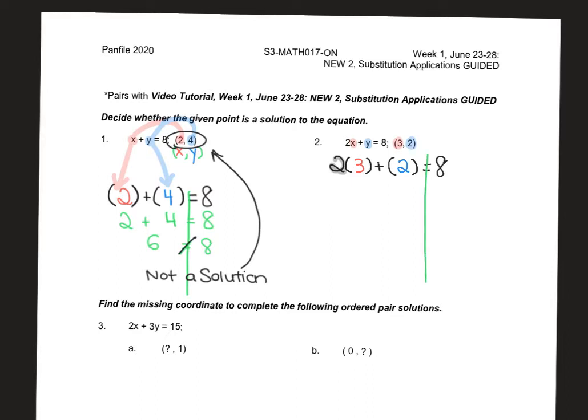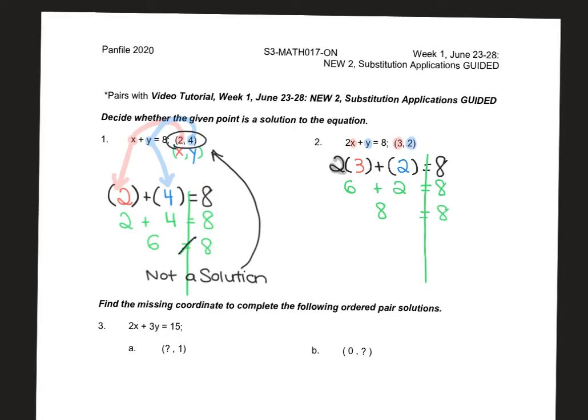I throw my line down my equal sign, and now I have a little bit of work. I have to do order of operations, so I have to multiply before I add. So I get 6 plus 2 still equals 8 on the right. Now I'm working down the left because my right is just an 8. And I do 6 plus 2. 6 plus 2 is 8, equals 8. And does 8 equal 8?